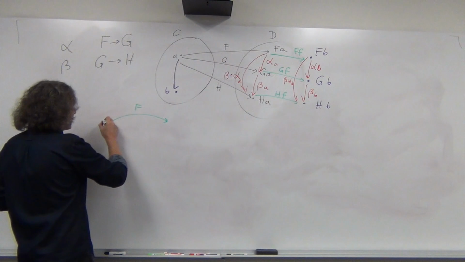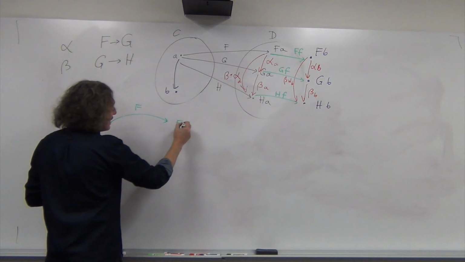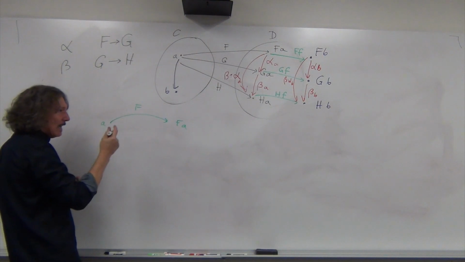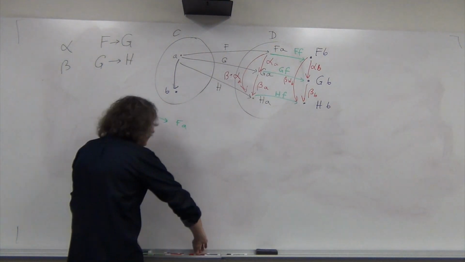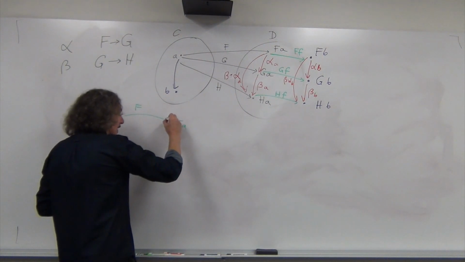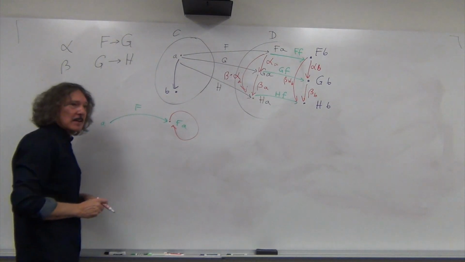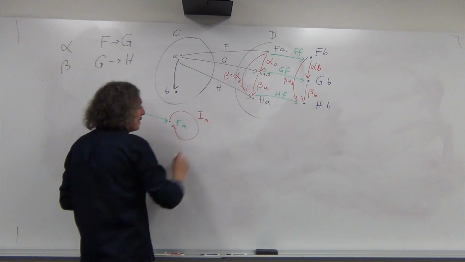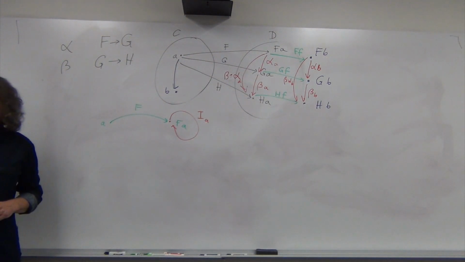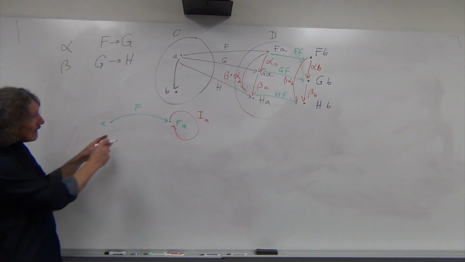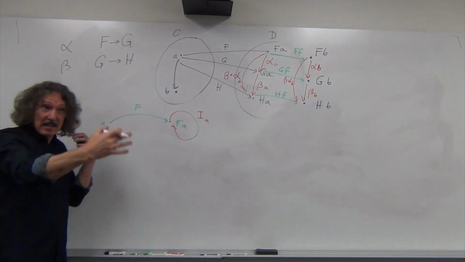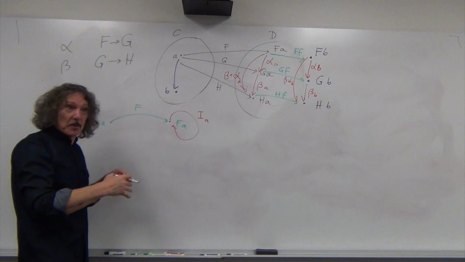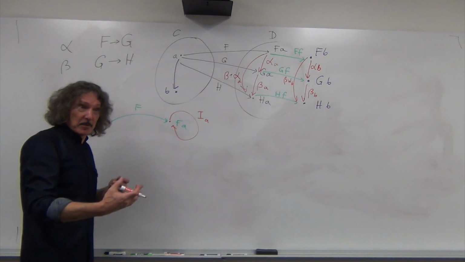F turns this A into FA, right? So we would have to have a component at A that would be really a little thing that goes back to FA, right? So this would be our identity at A. And of course it has to compose with any other natural transformation to give back this other natural transformation.